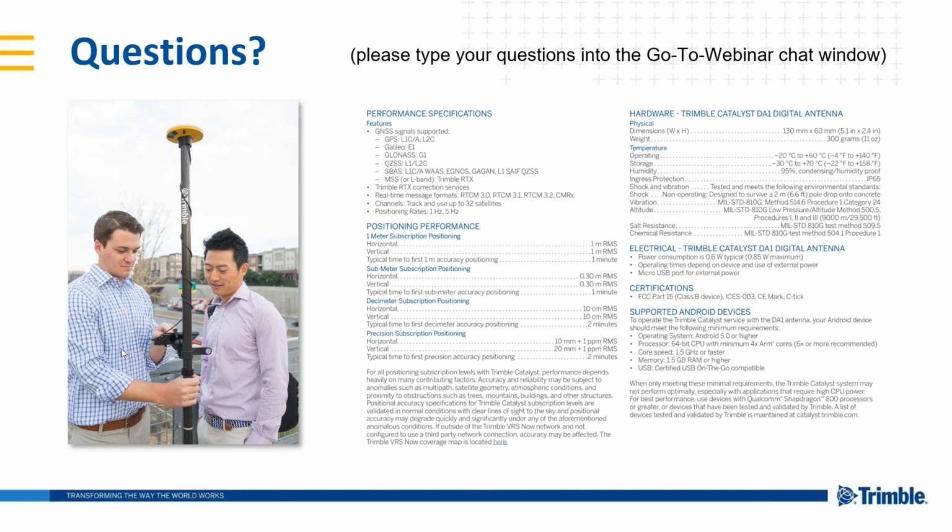Even if you're in a VRS environment, in the city for example, with an internet connection, the system will connect into the VRS and you can achieve that 1 to 2 centimeter accuracy. If you move out of the city into an environment where you're not connected to the internet, then the system will fall back because it has to rely on the Trimble RTX technology rather than the VRS. That's probably the biggest variable in terms of how customers use it, since they're generally not moving too far.